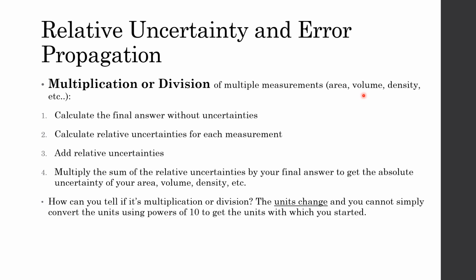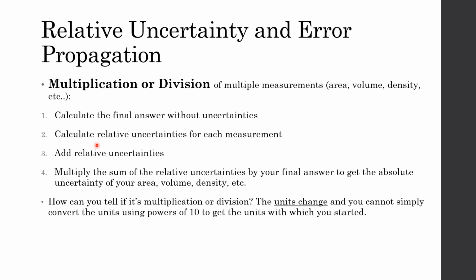The way that you would propagate your error using relative uncertainty is, first you would calculate your final answer ignoring your uncertainties. So if they ask you for the area of a rectangle, then you would multiply the length times the width. You wouldn't worry about what the uncertainties associated with the length and the width were. You would just calculate it. The next thing that you would do is calculate the relative uncertainties for each measurement.